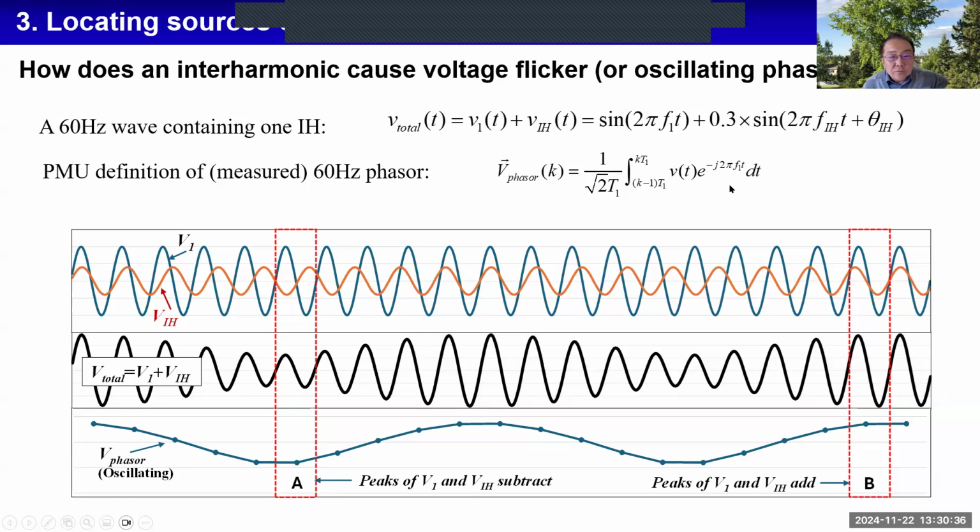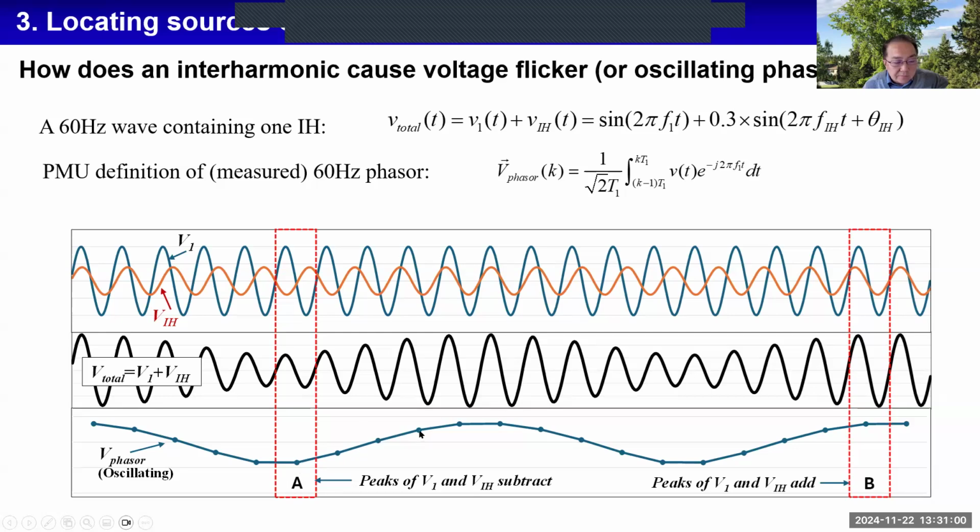Therefore, when you do the phasor calculation using this PMU equation, the phasor is essentially the RMS value of this frame, or the RMS value of this frame. That's why I got one dot for one 60 Hertz cycle, and another dot.